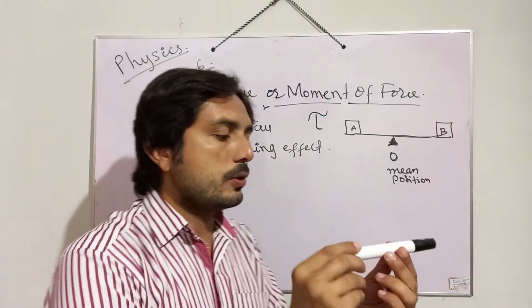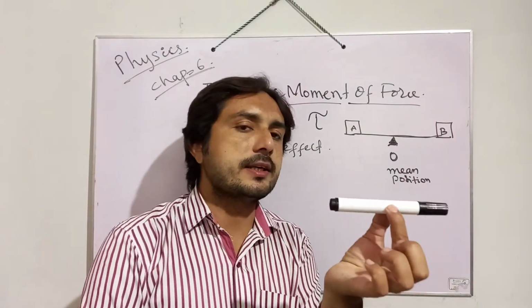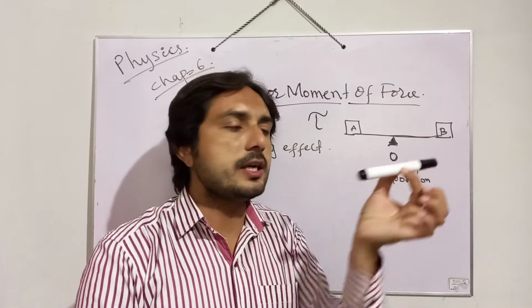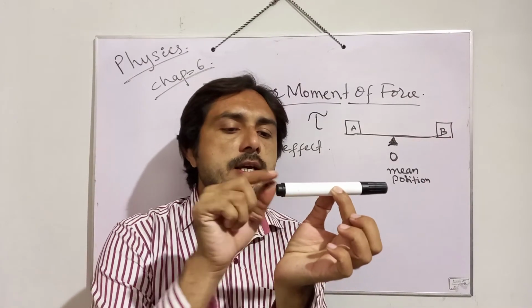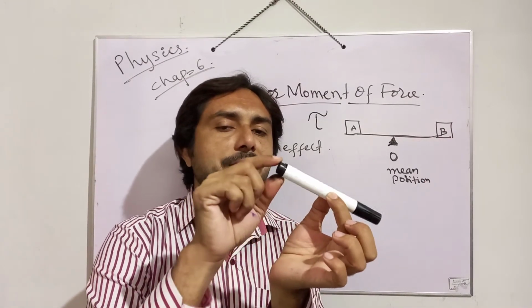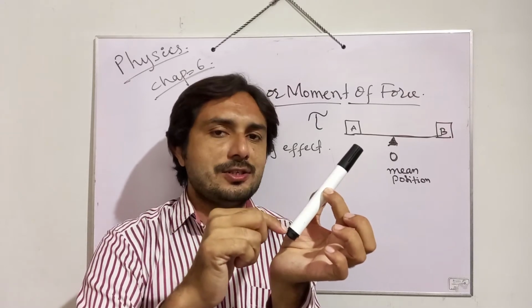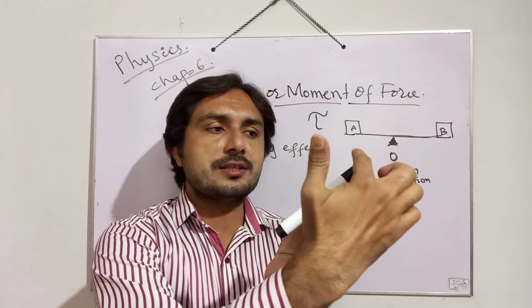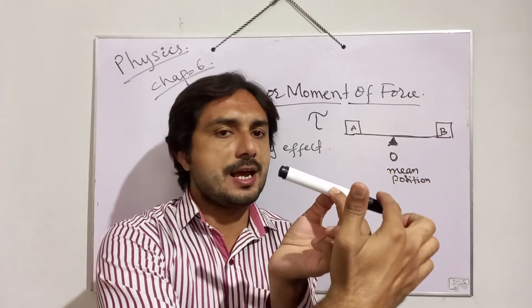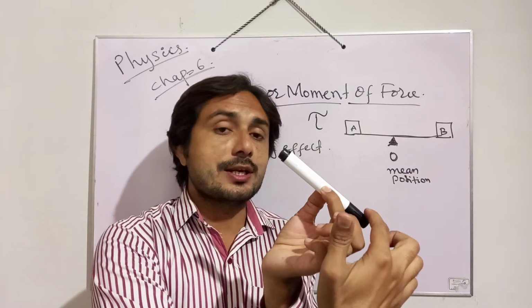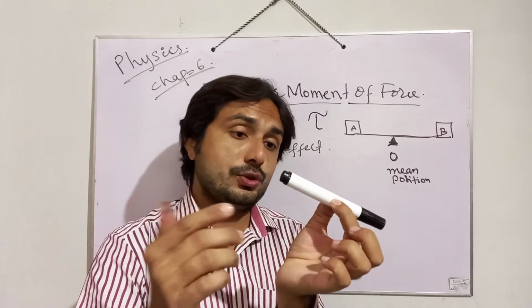Now let's suppose this marker is fixed right here, like in this picture. If it is fixed at this point, it can turn here and there. If we apply force from this side, it moves down, and if we apply force from the other direction, it moves down towards that direction. Like the seesaw in our schools, it is the example.